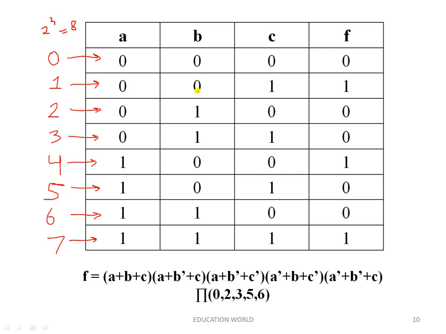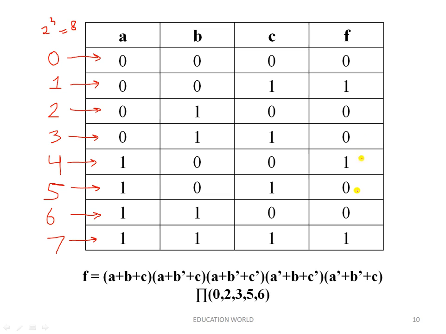In the b column, two 0s, two 1s, and in the c column, 0 1 0 1. And this is a function f with the inputs a, b, c, and as an example its output is 0 1 0 0 1 0 0 1. So this table is complete.